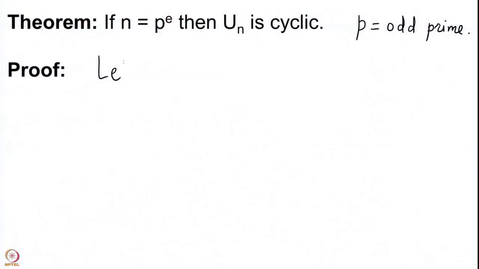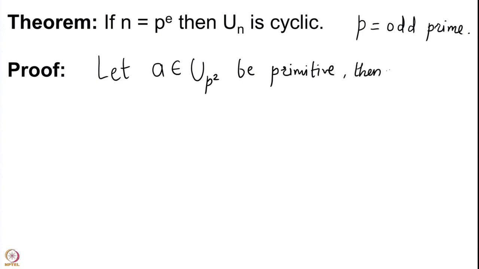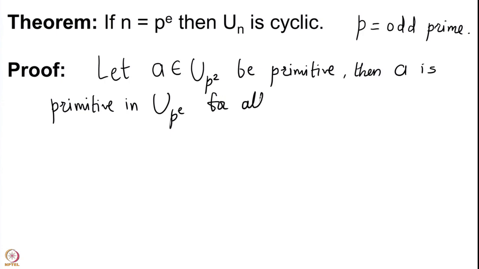We will show in fact a stronger result than we had in the case where n was p square. Let a in U p square be primitive, then a is primitive in U p power e for all e bigger than or equal to 3.